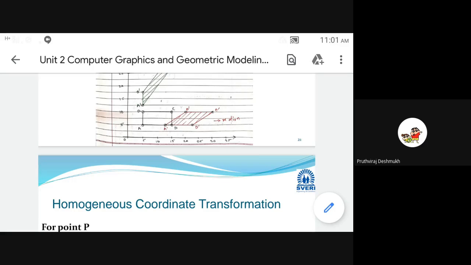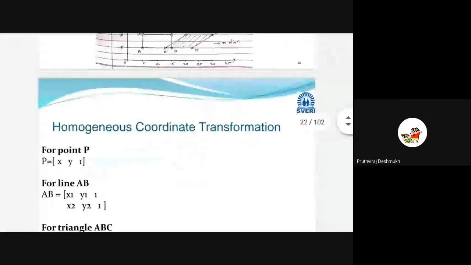Only multiplication, a single operation, between only two matrices is there. Now what is homogeneous? In basic or geometric transformation, only translation is in the form of addition, whereas others are in terms of multiplication.